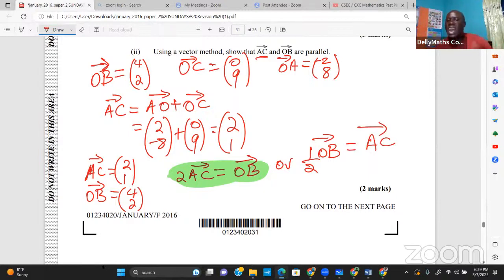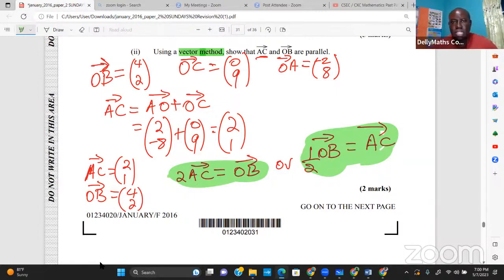Half of 4 is 2, half of 2 is 1. So you're seeing where you can represent your answers in diverse ways. Just make sure that you can manipulate one vector and get the other vector. The moment you can do that, those vectors are classified as parallel. And that's the vector method that they're referring to.